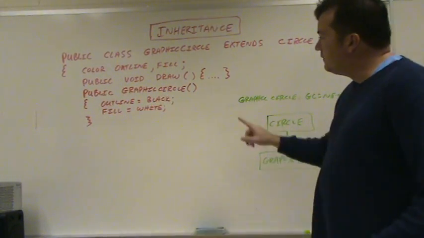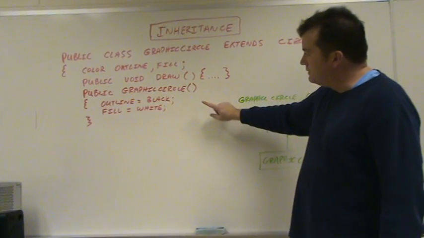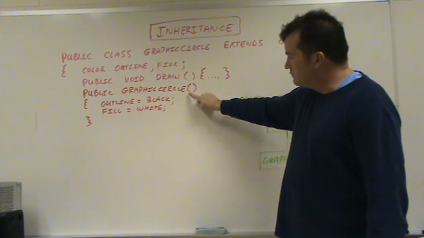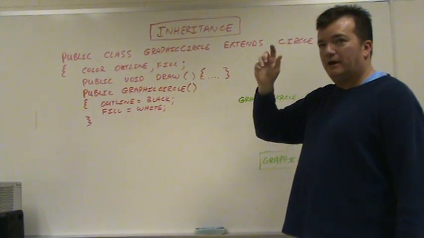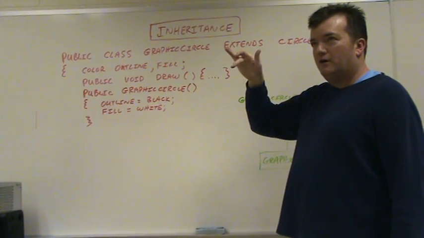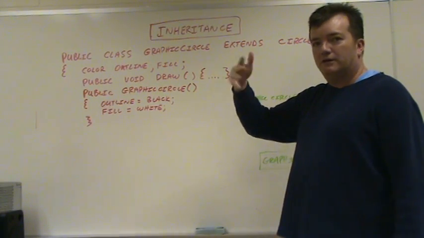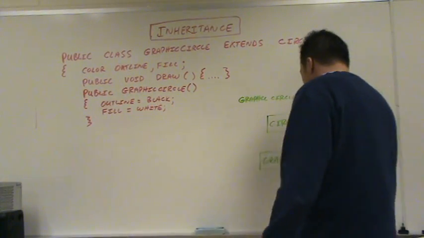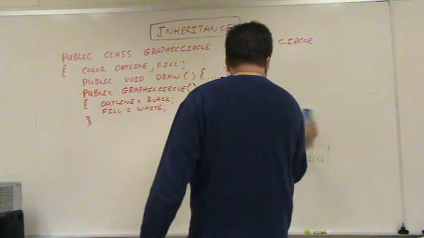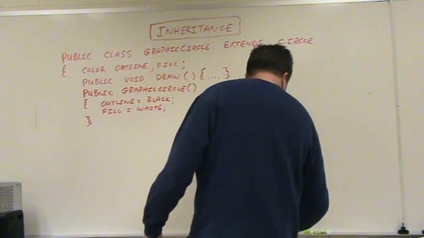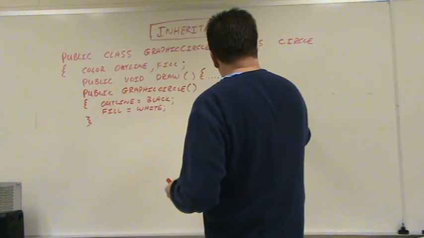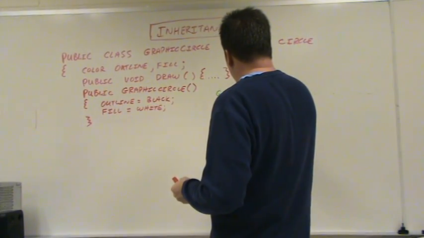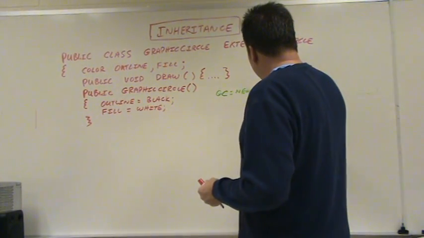Now, what's another version of a constructor? Now what we want to do is we want to overload this method, the constructor. What if we wanted to give an X, a Y, an R, and a different color and a different fill color? Somebody wants to create a new graphic circle. It would get to the point where it says graphic circle equals new graphic circle.